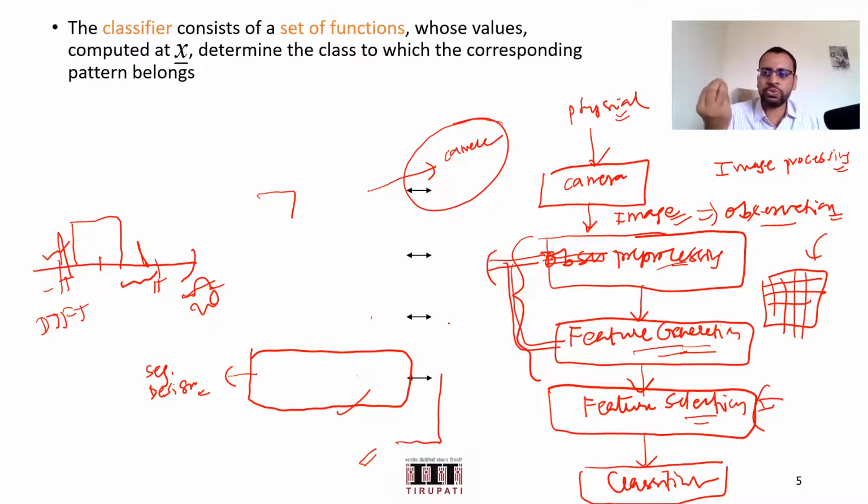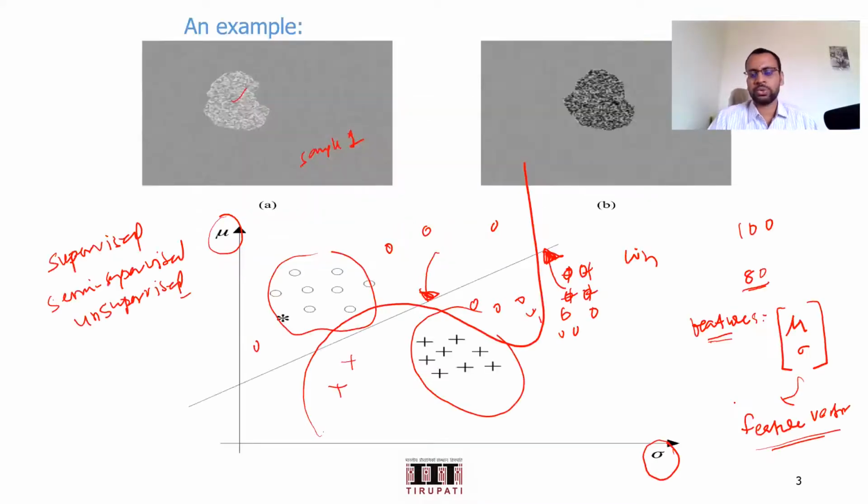A few frequencies are good enough to represent your image. So that also comes under the dimensionality reduction problem. With too many features, you would come up with a transformation that reduces the number of features. We are going to study some such methods also.